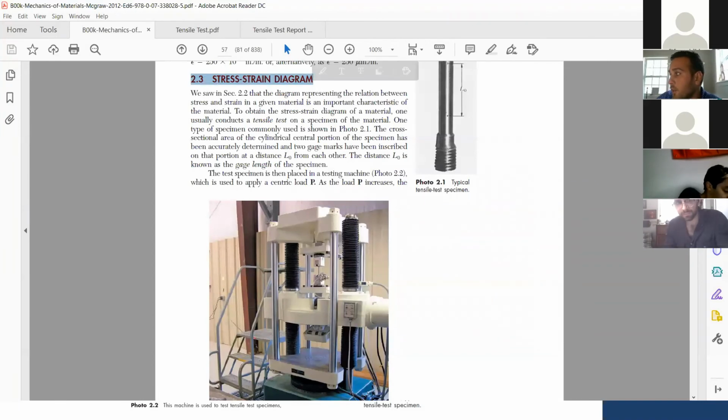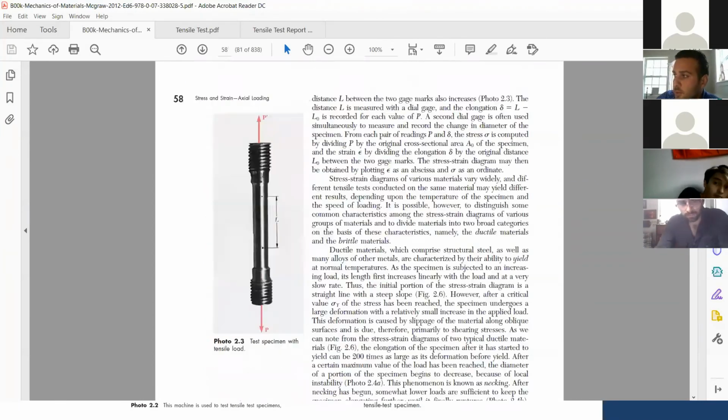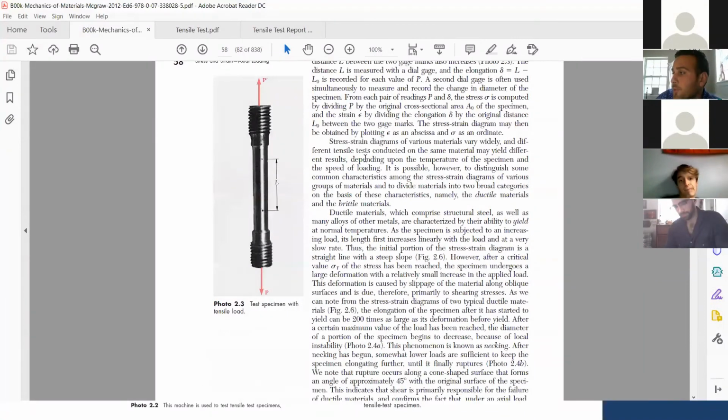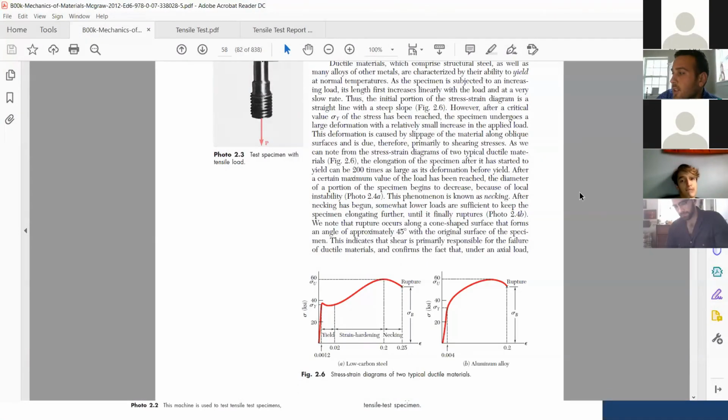Please read that section. It's homework, but I will not accept any reports, and I'm not expecting you to submit anything. But it's good for you to read. It's up to you, but if you read it, you will have a better understanding of this tensile test experiment. I recommend it. It's about 4 or 5 pages.